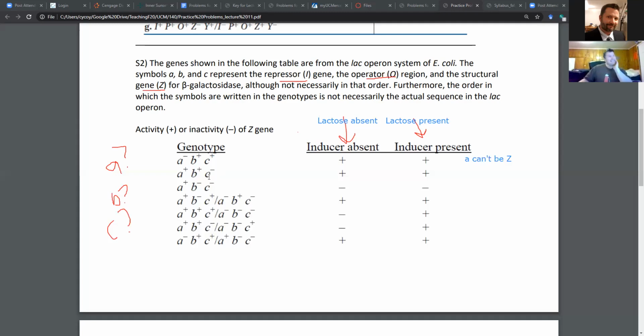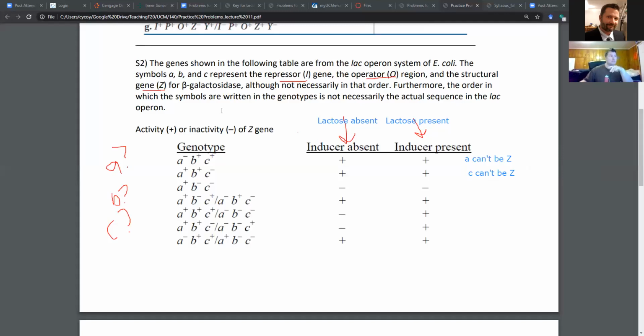Okay, cool. Let's look at this next one. If we mutate C, we also get constitutive expression. In other words, we also get expression that is independent of this inducer. So C can't be Z also. C could be the repressor, the I. C could be the operator.